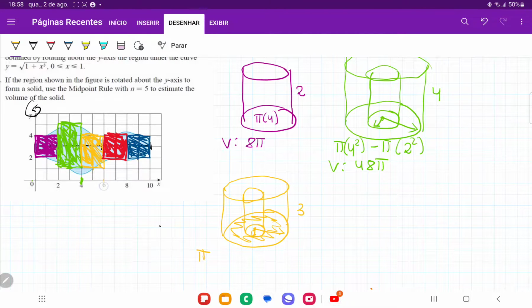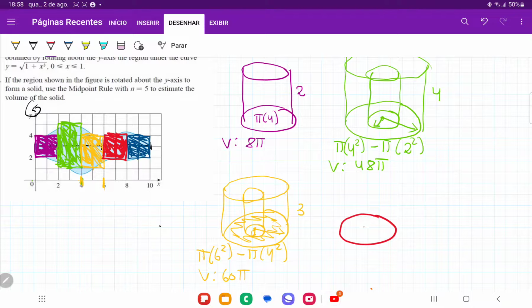So pi times the outer edge, 6, squared, minus pi times the inner edge, 4, squared. So 6 squared minus 4 squared gives us 20, and 20 times 3 means this volume here is going to be 60 pi.